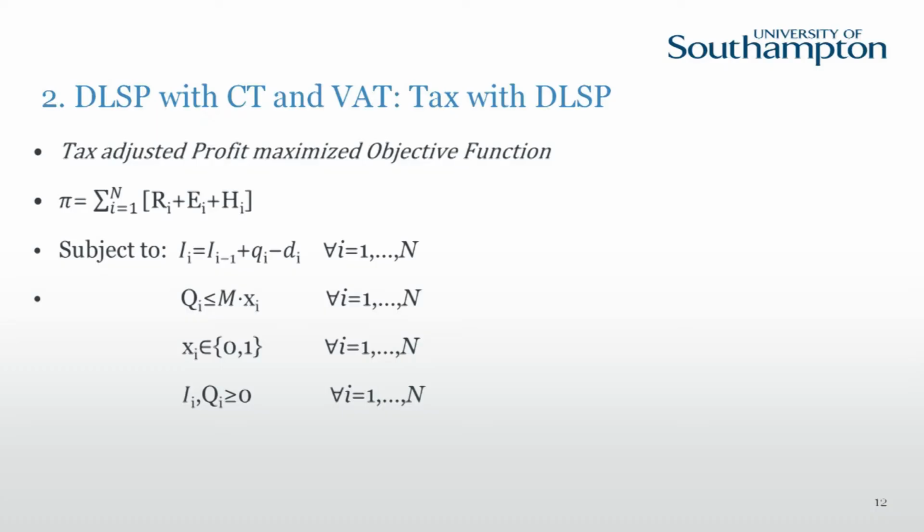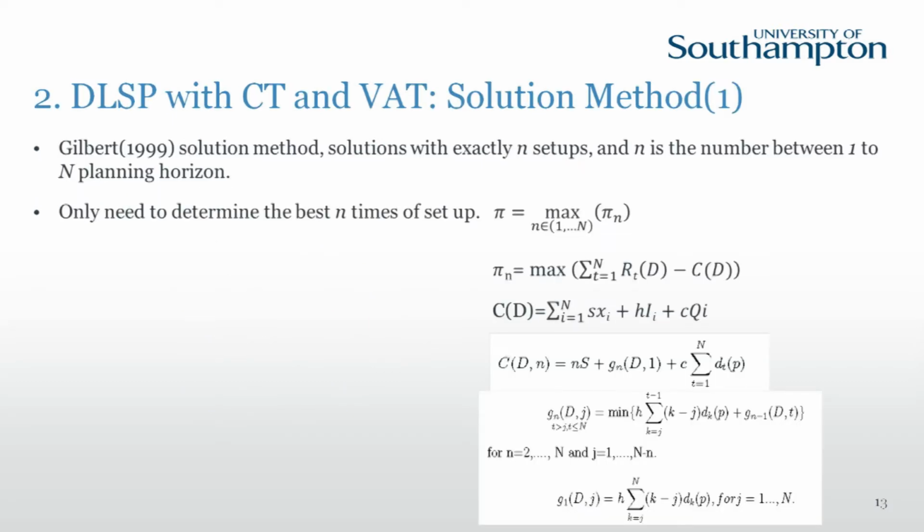The objective function changes from minimizing the cost in the basic dynamic lot size to maximizing profit, and our method is the NPV-based tax-adjusted model. We're rearranging the previous terms this way, and the conditions are the same as the basic DRSP problem. The solution method we applied here is the Gilbert 1999 solution approach, which also needs to maximize the profit.